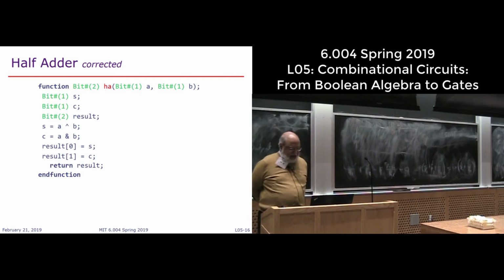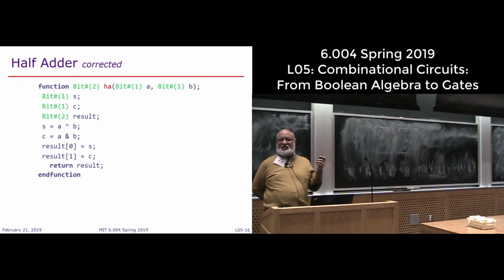Very first thing, bit 2. It's saying function FA returns a result which is 2 bits. What else is it telling me? It's saying argument A is 1 bit. Argument B is 1 bit.